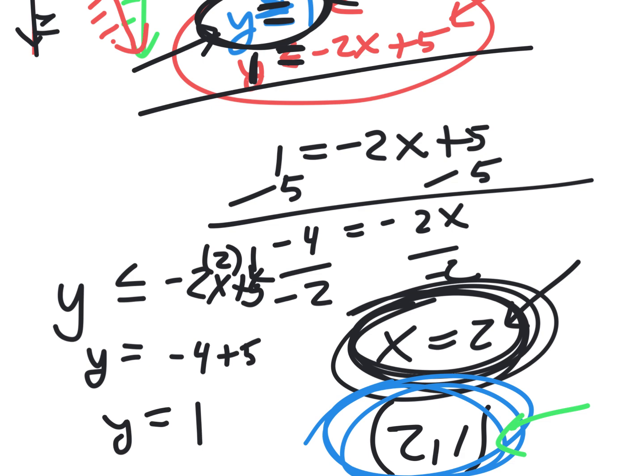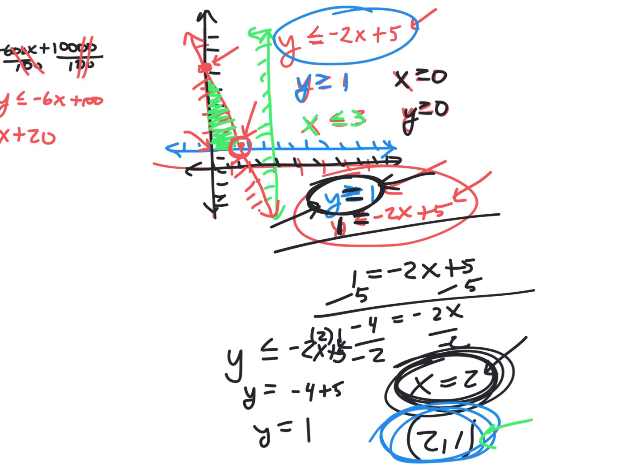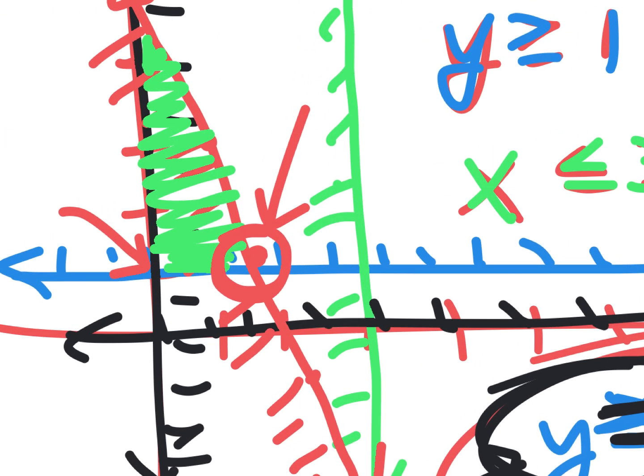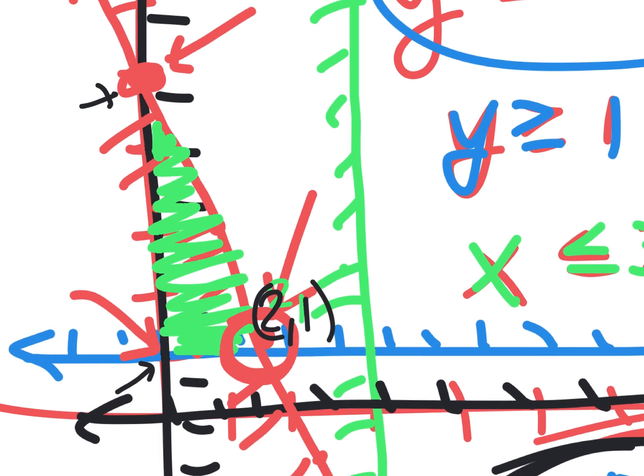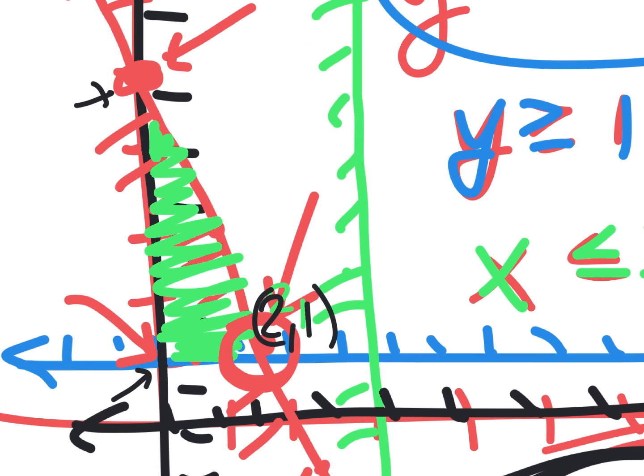All right. So now there's 3 key spots. 2 comma 1 is one of your key spots right here. This spot and this spot. To optimize and figure out what makes us the most profit, my gut says it's the thing that's the furthest away from the origin, but that's not always true.